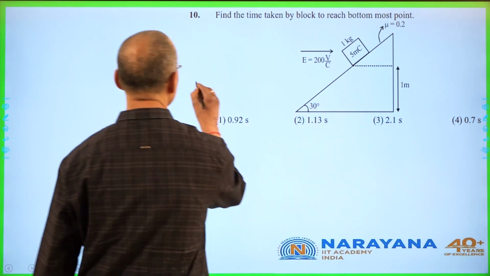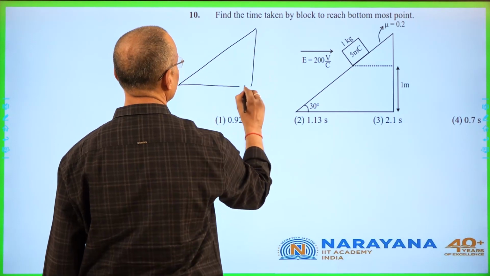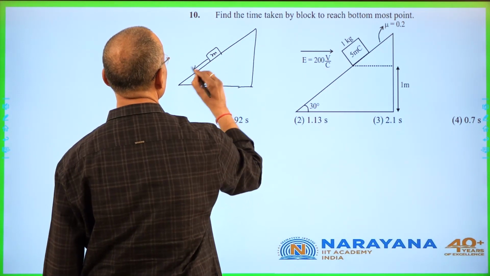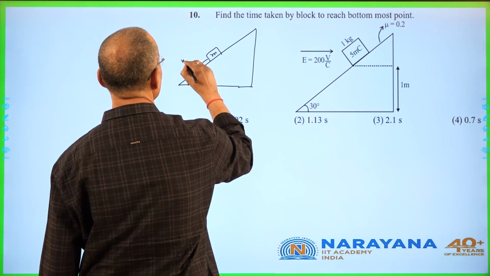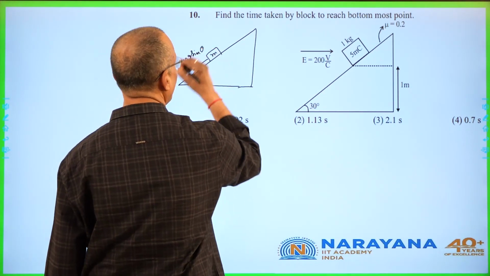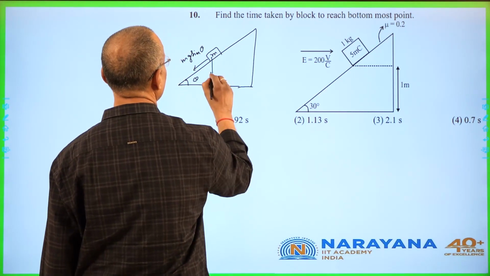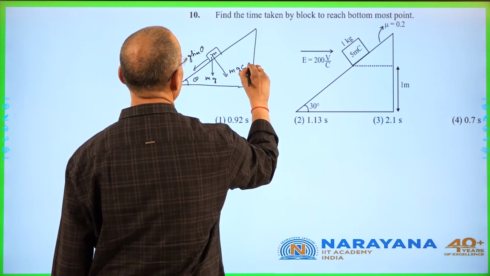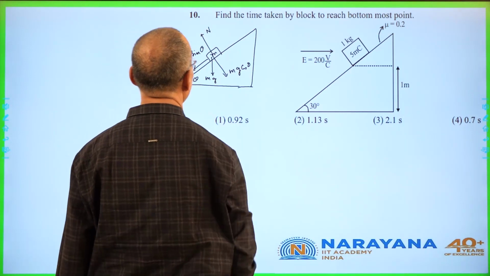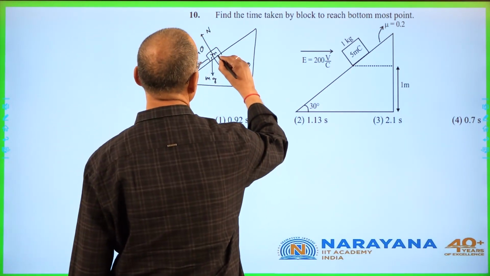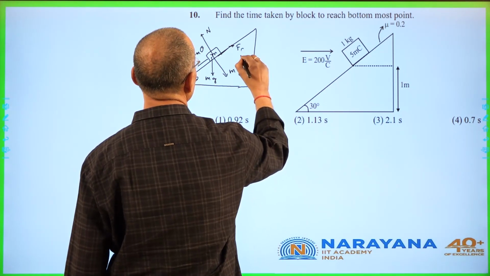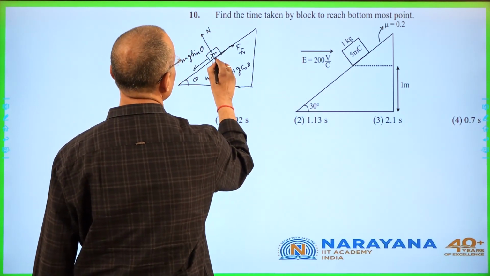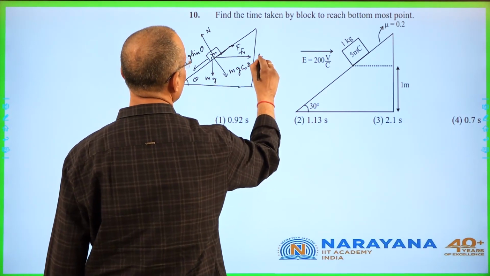So, if I draw the free body diagram, I am taking the block as m, here this angle theta, here mg sin theta will act, here mg, here mg cos theta, here N. Undoubtedly here frictional force will act, and here it is E into Q. So, here E into Q is acting.